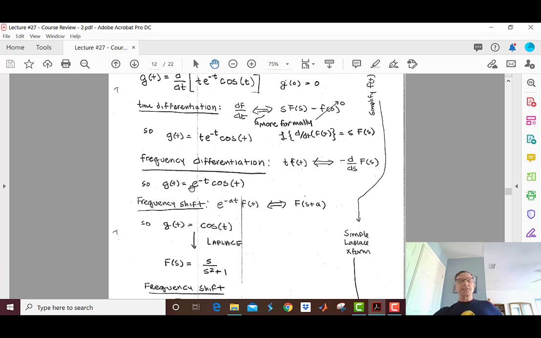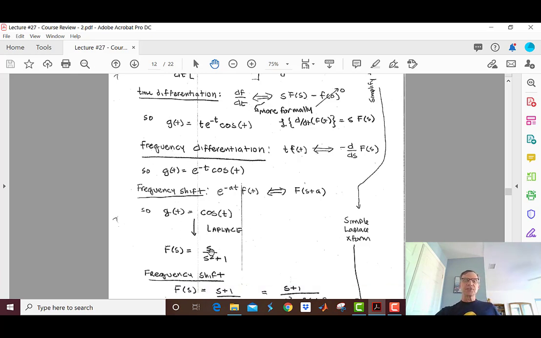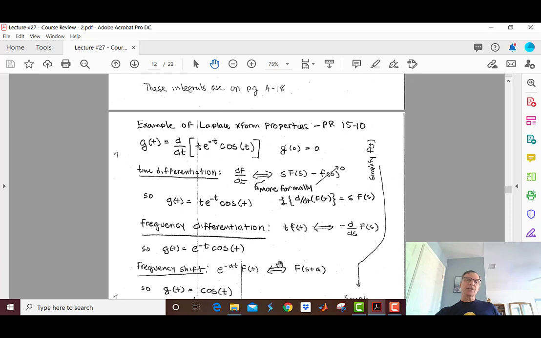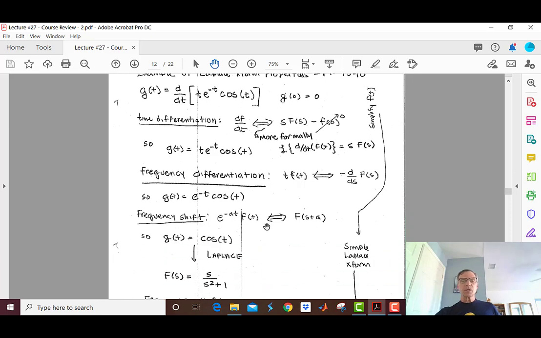So I see that I have e to the minus a t f(t), e to the minus t f(t). So f(t) here, we're going to call it just cosine. So now I just need the Laplace transform of the cosine. That's easy. It's just s over s squared plus 1. So now I have to do all these things that I said I was going to do up here.